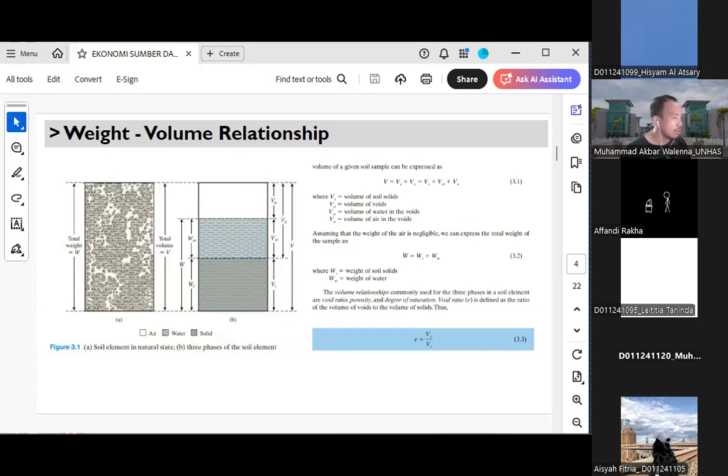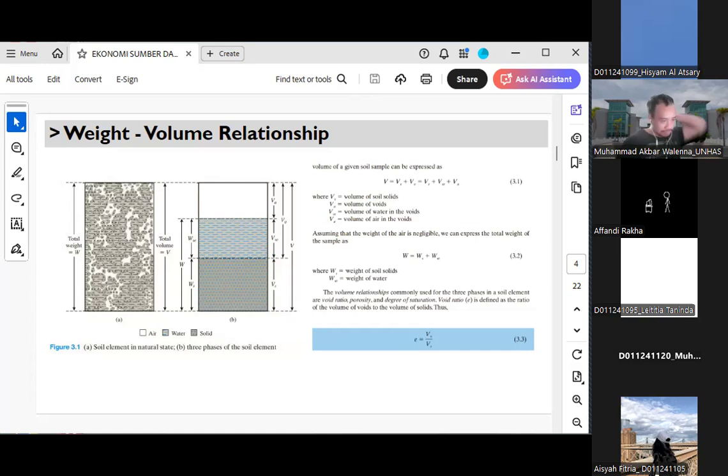So the formula can be represented as W equals the weight of solids plus the weight of water. And I think this is quite straightforward to be understood.